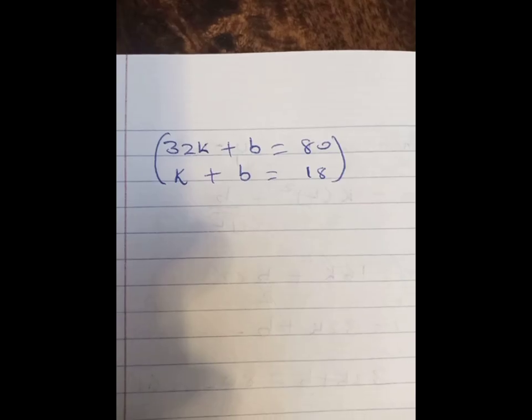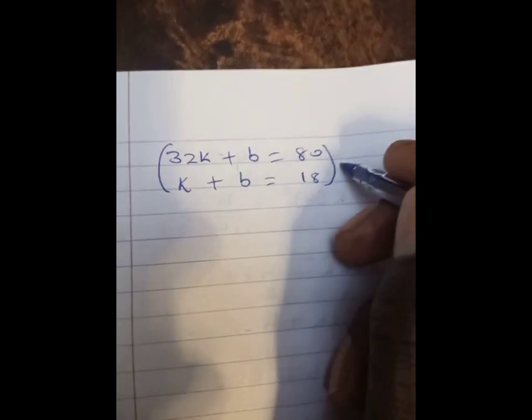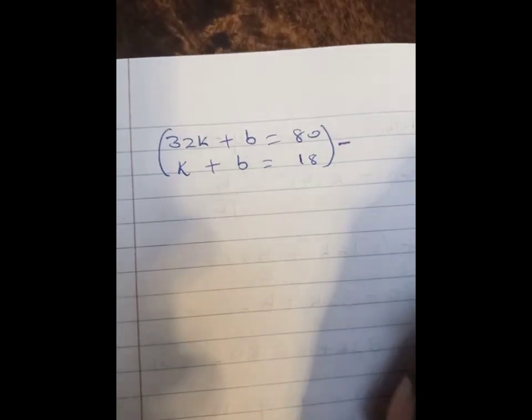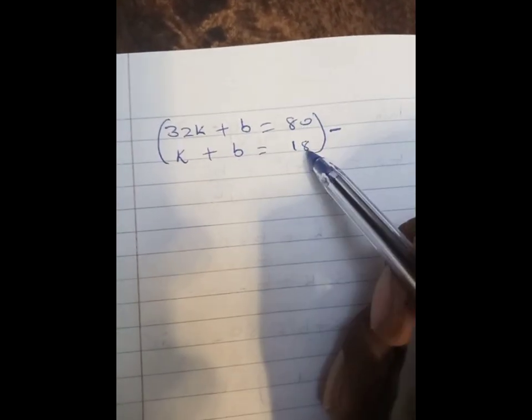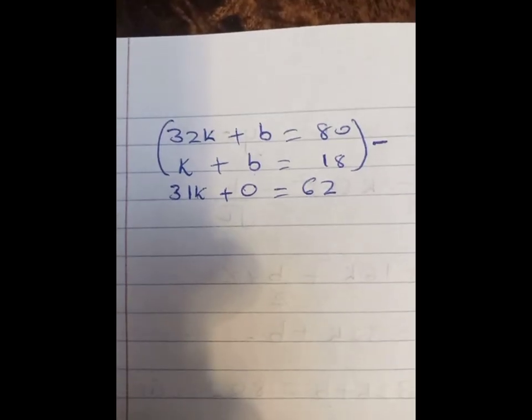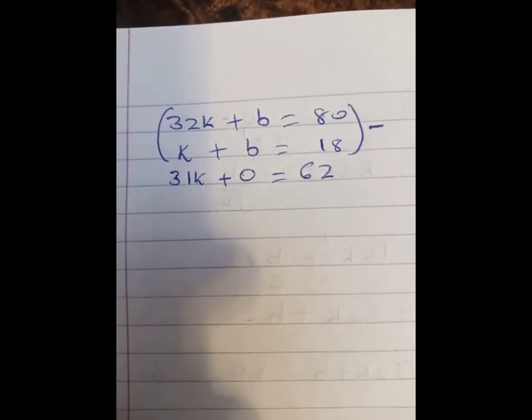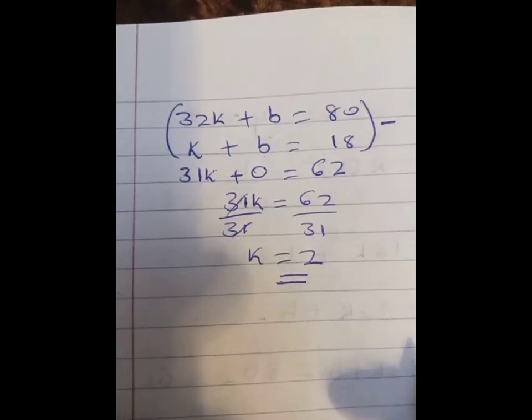I'm going to use the elimination method since we have b and b. Here you're going to use subtraction. So you subtract: 32k minus k, b minus b, 80 minus 18. So I'm going to get 31k, then b minus b will be 0, equals 80 minus 18, which is 62. So 31k equals 62.